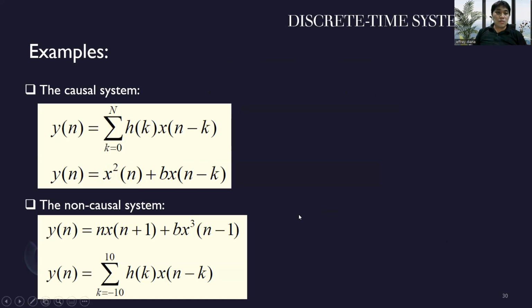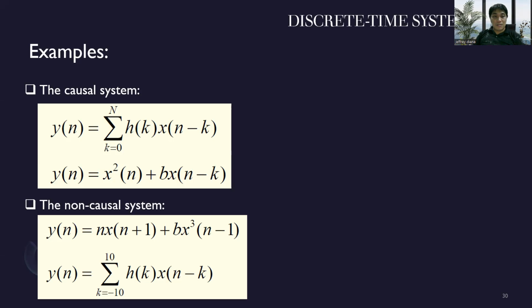For examples of causal and non-causal systems, the formula of a causal system is y[n] = summation from k = 0 to N of h[k]·x[n-k], or another formula, y[n] = a·x²[n] + b·x[n-k].